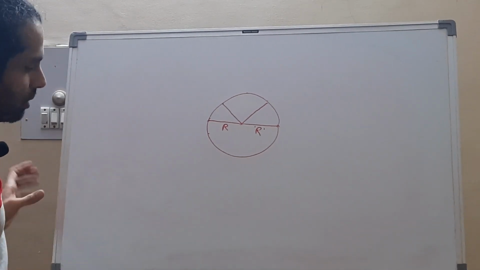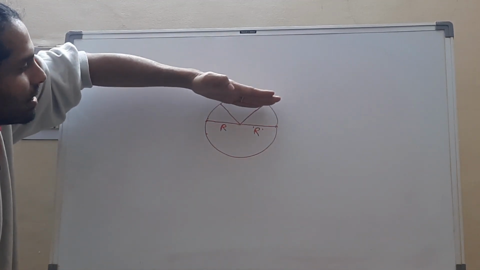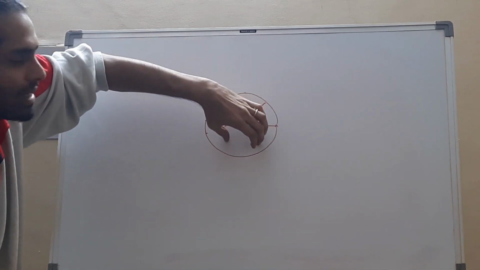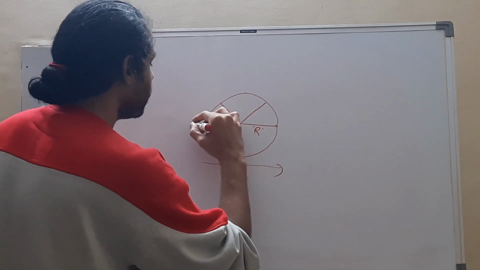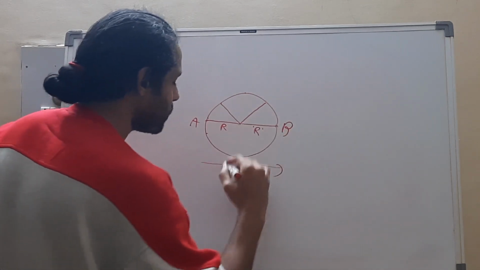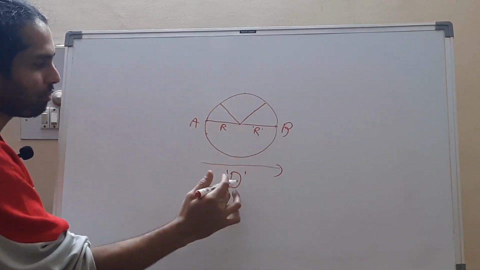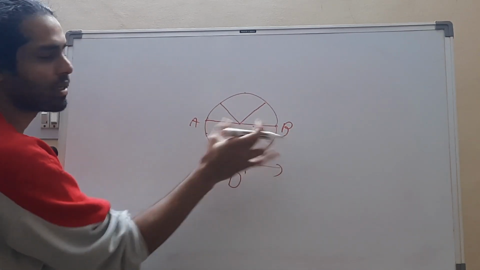And this line is special because it divides the circle into two equal parts. So the area of the top part is exactly the area of the bottom part. This length, let me call that AB for example, is what we call the diameter of the circle. And from the figure, it's quite clear that the diameter is basically made up of r plus r, right?